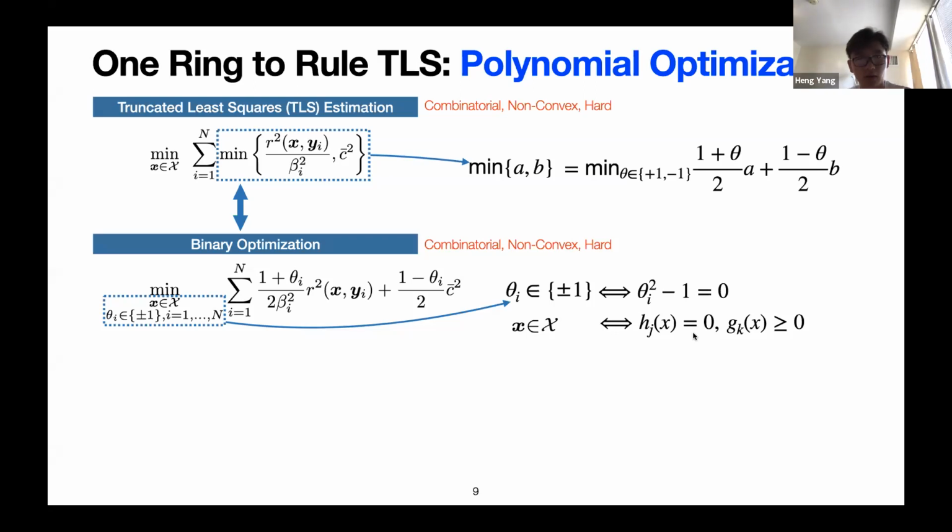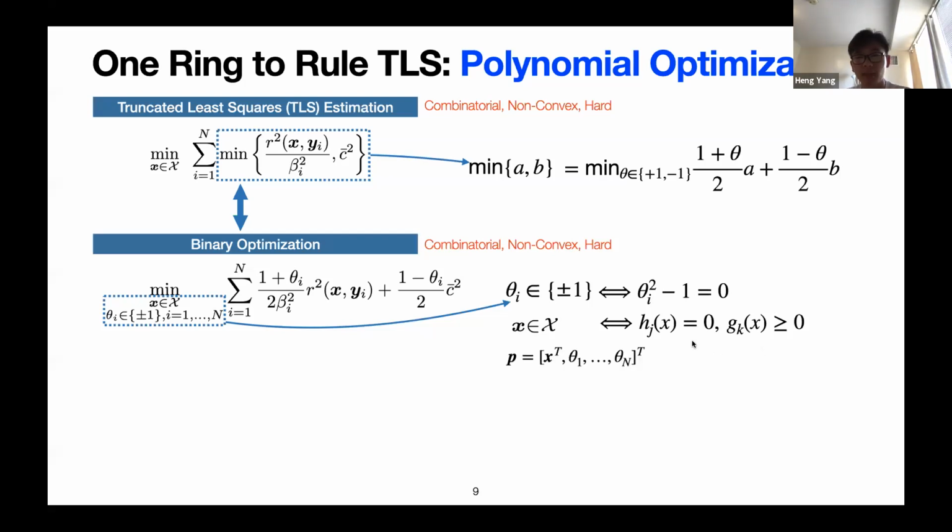For example, Luca has shown that R in the orthogonal group O(3) can be written as R times R transpose equal to the identity. If you look at that constraint element-wise, it's actually just a system of polynomial equalities or inequalities.